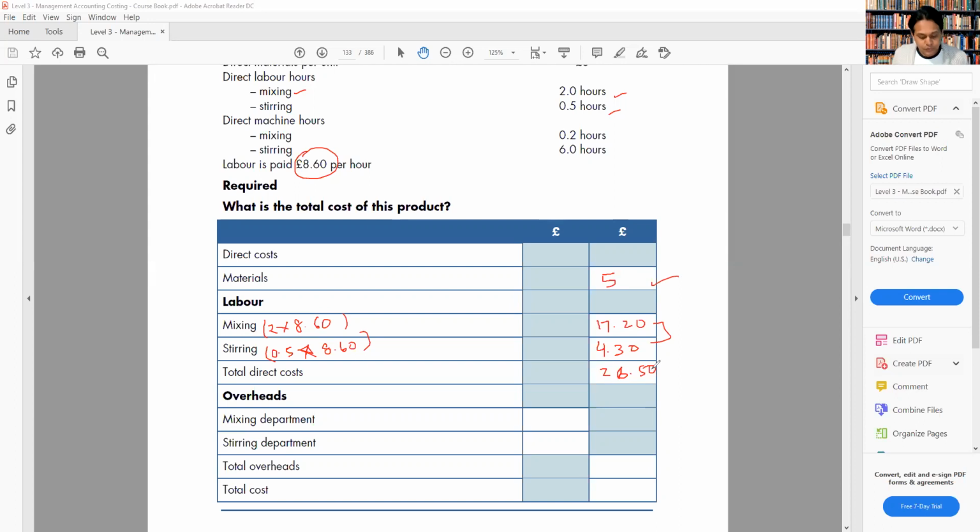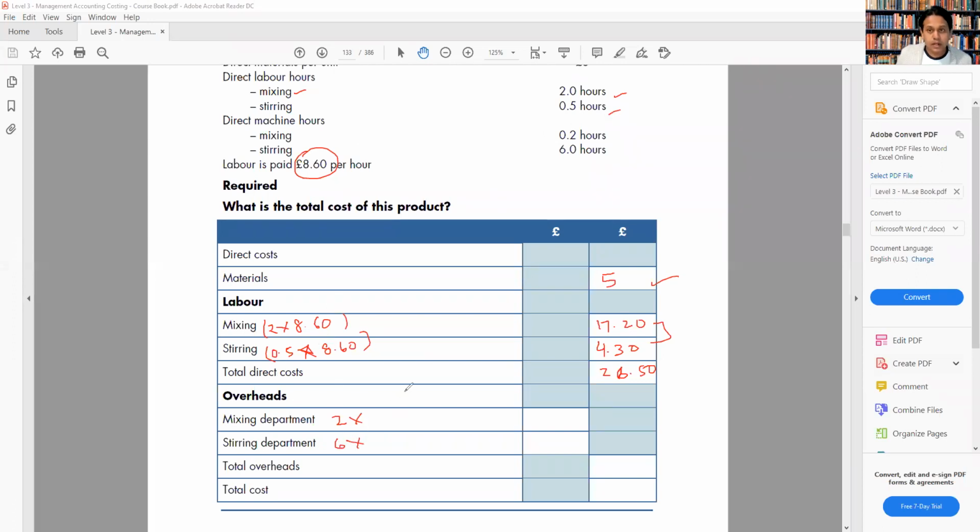All right, then move to the next one, overhead. The mixing department. The overhead, they said mixing department, string department, and the machine hour. So we need for the mixing department 2 and string department 6. So we said, okay, so 2 and 6.